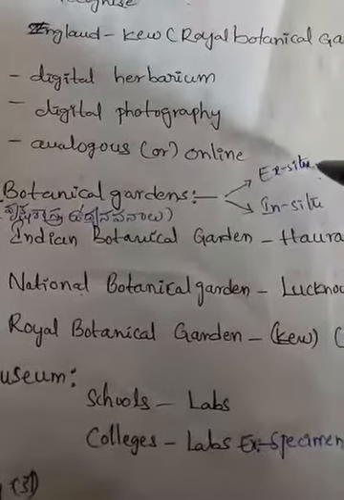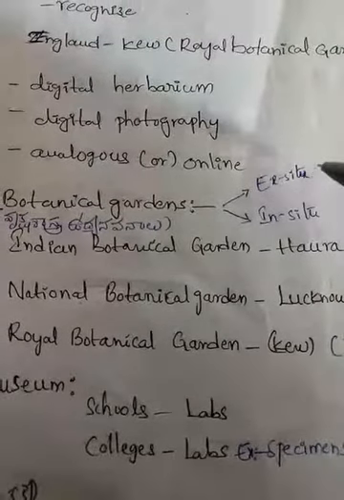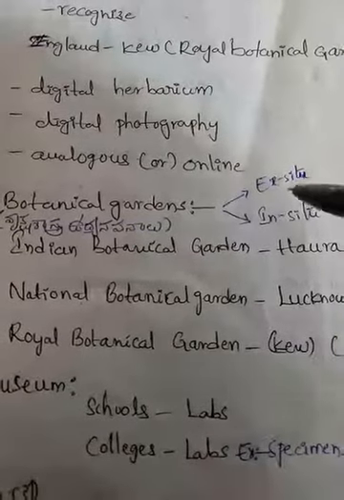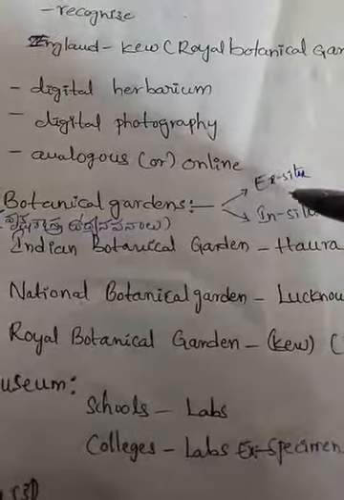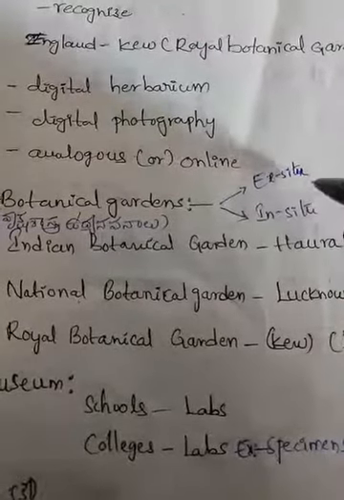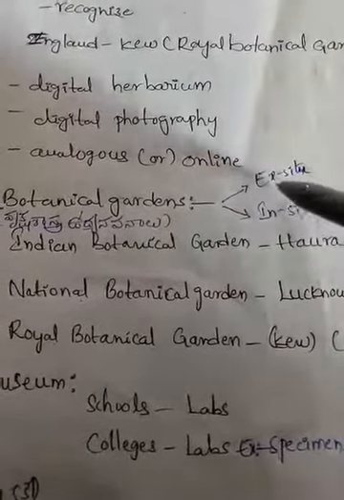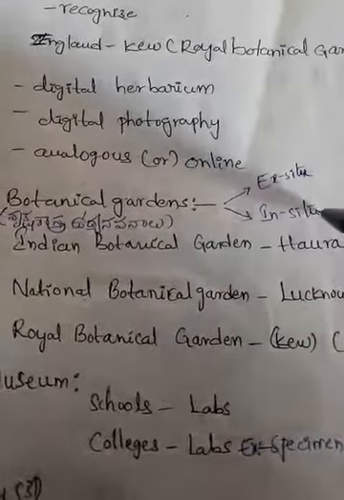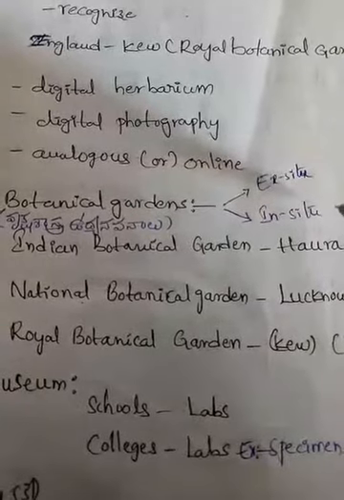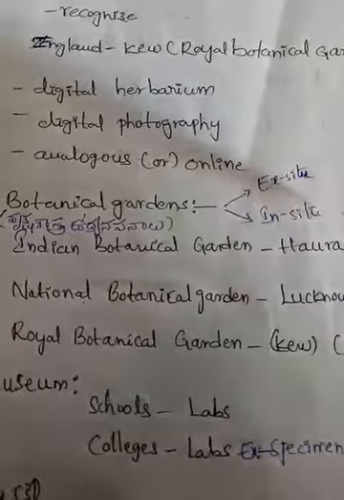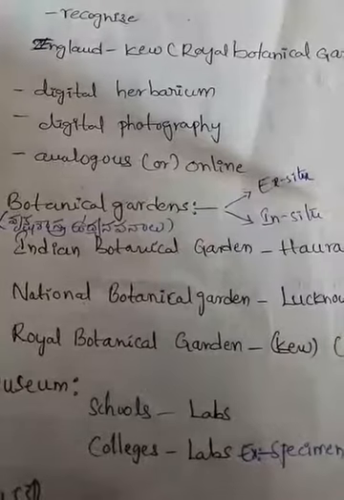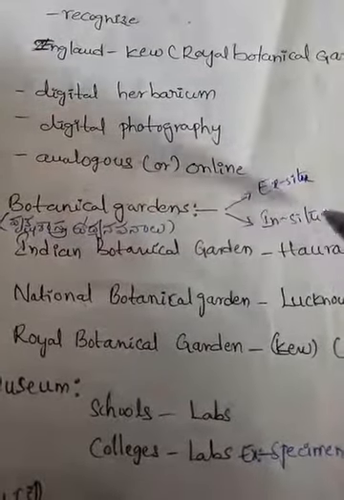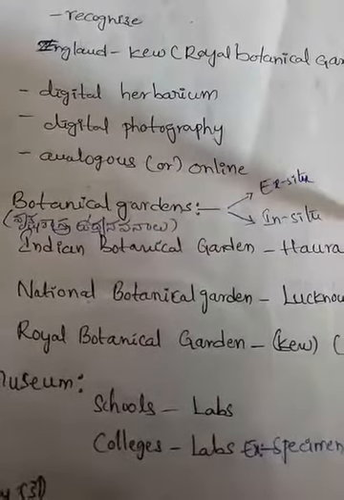Ex situ means preservation of plants away from the natural habitat, and the best example is botanical gardens. In situ means wherever the living plants are, living in their particular places, that is known as in situ preservation.